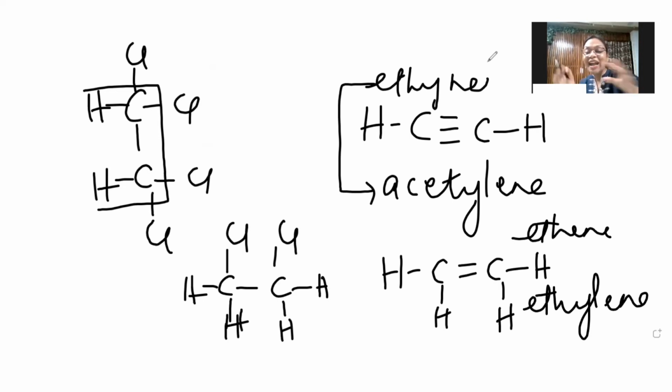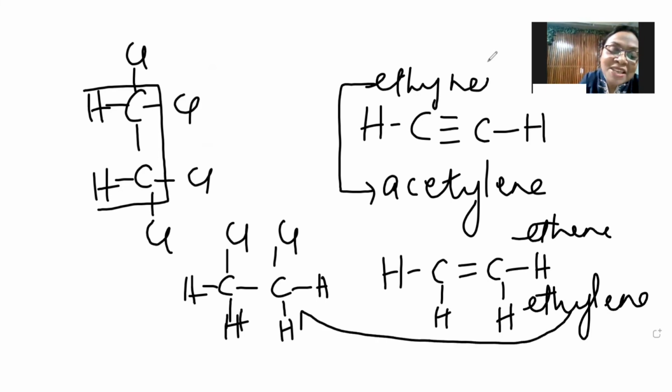It carries over from this double bonded compound where you have two hydrogens on two carbons. So that is why the name is carried over from ethylene to ethylene dichloride. I hope you have got the basis.